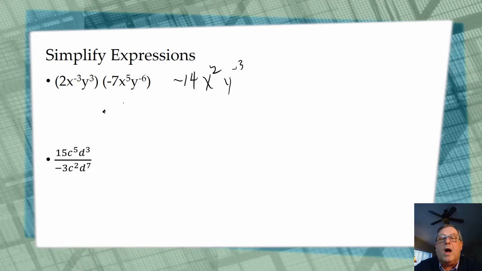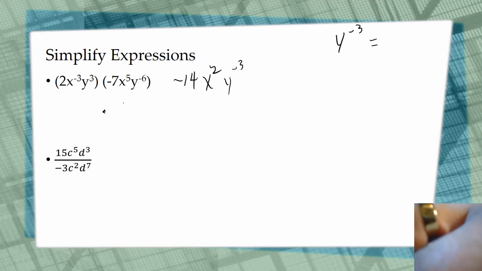So here we've got this y raised to the power of negative 3. Anytime we've got a negative exponent, y to the negative 3 equals 1 over y cubed.